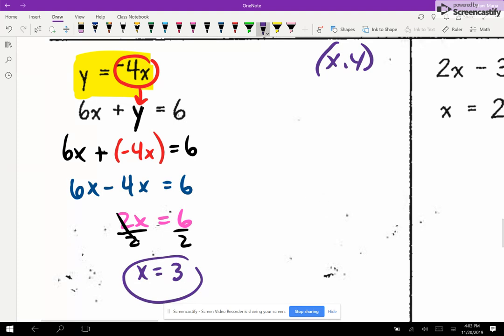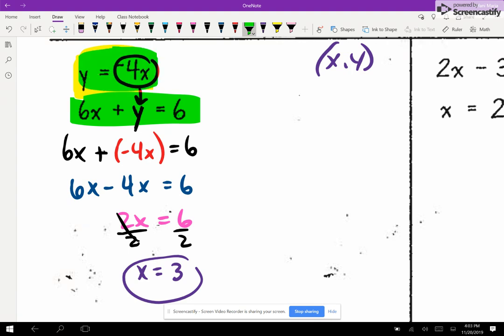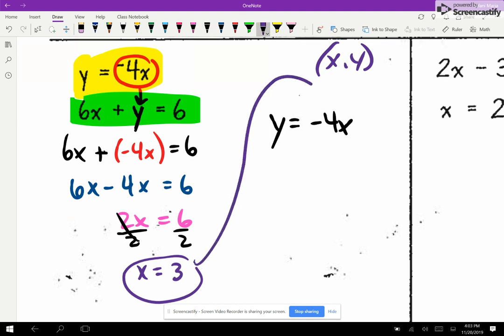Okay, so now I'm going to choose whether I want to write down this yellow one or this green one. And looking at it, obviously, the yellow one right here is the one I want to substitute that 3 in for. So I'm going to write y equals negative 4x. I'm going to substitute that in for x right here.